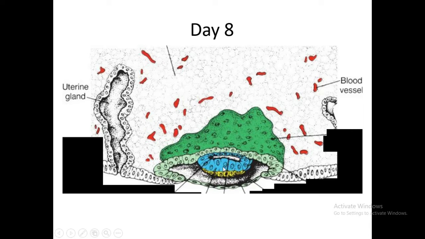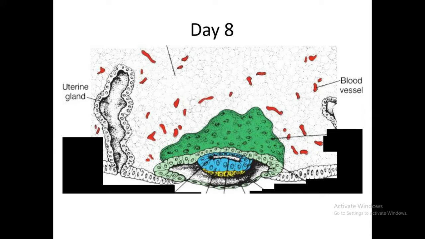Both these layers form the bilaminar germ disc, which is the important event that occurs during the second week of development. So the inner cell mass gives rise to the epiblast, the columnar cells, and the hypoblast, the cuboidal cells. They form a disc-like structure, so they are known as the bilaminar germ disc.